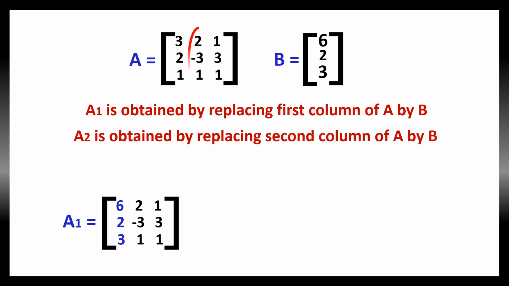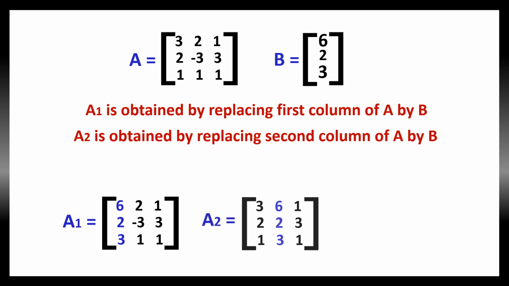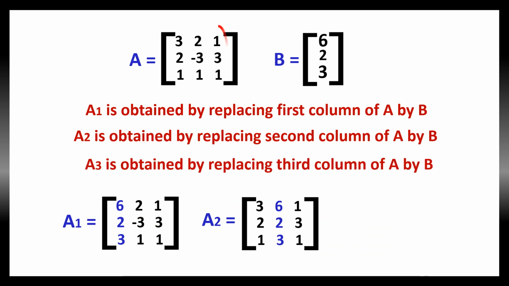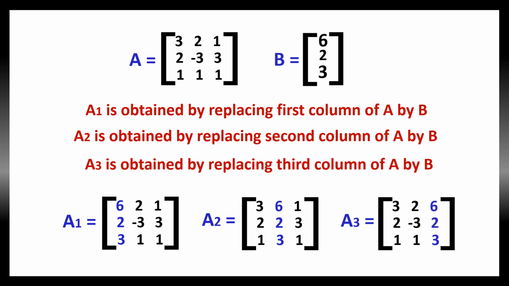That is obtained by replacing the second column of A with B. So, A2 will be matrix of 3, 6, 1, 2, 2, 3, 1, 3, 1. And then A3 is obtained by replacing the third column of A with B. So, A3 will be matrix of 3, 2, 6, 2, minus 3, 2, 1, 1, 3. Thus, we get A1, A2 and A3.